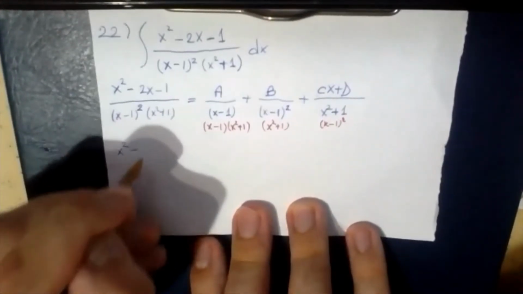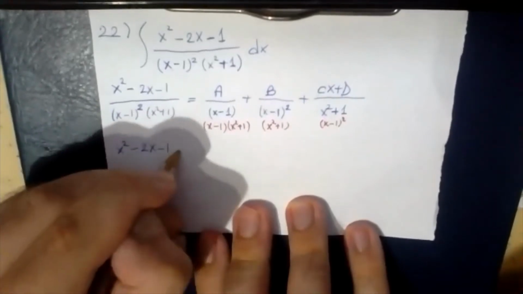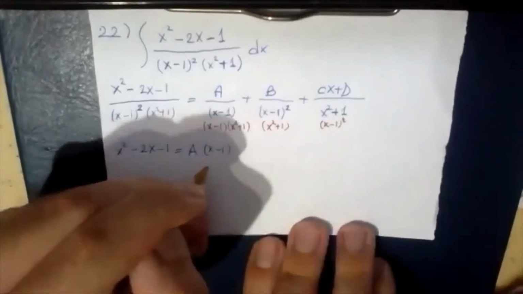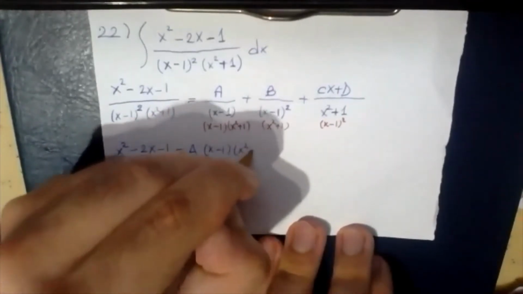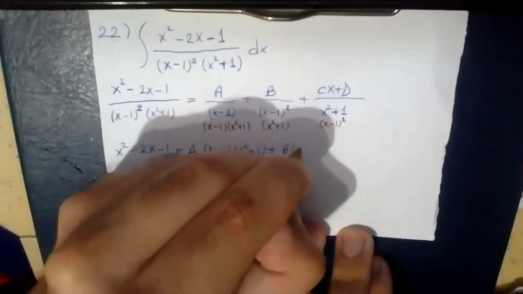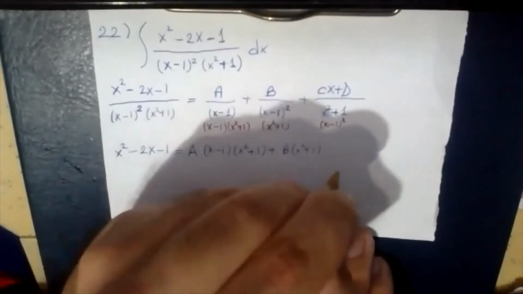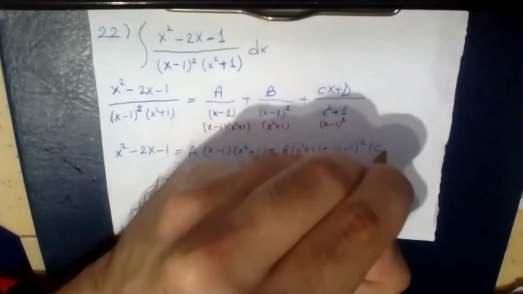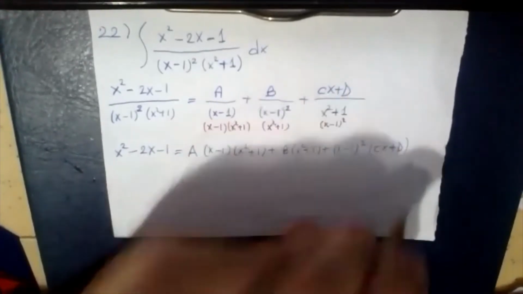Then x square minus 2x minus 1 is equal to a times (x minus 1) times (x square plus 1) plus b times (x square plus 1) plus (x minus 1) squared times (cx plus d).